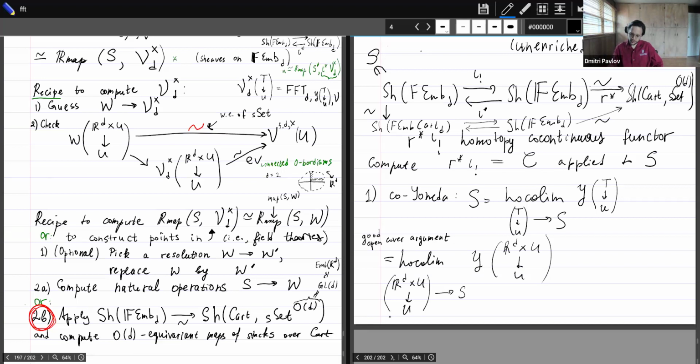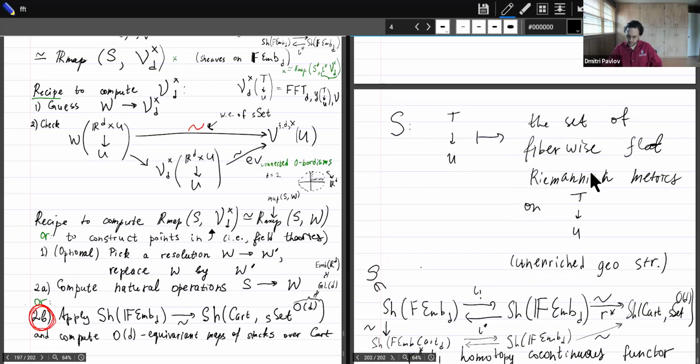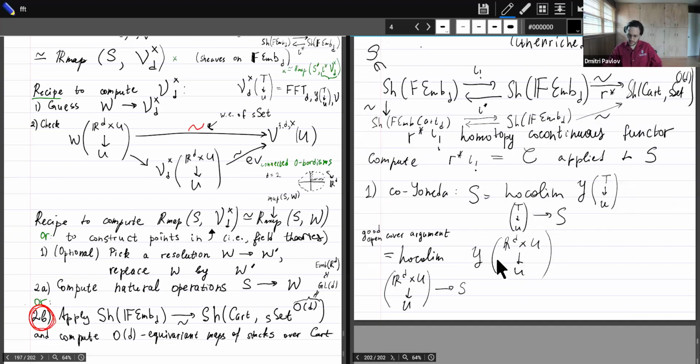So in addition to requiring that you have R^D here, given that the metric on R^D at least locally looks like a standard metric, I can require that this metric here, this map to S, remember, is a sheaf of fiber-wise Riemannian metrics, and any such Riemannian metric locally looks like an open ball in R^D of some positive radius.